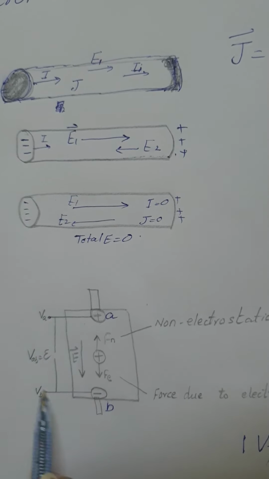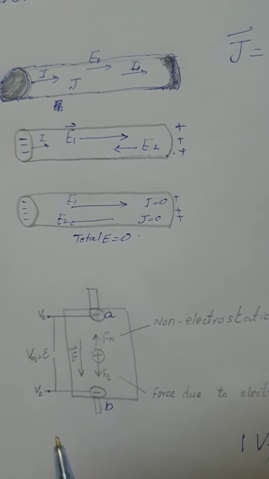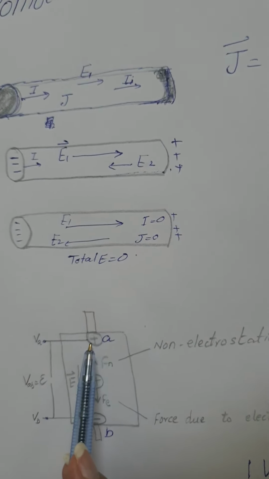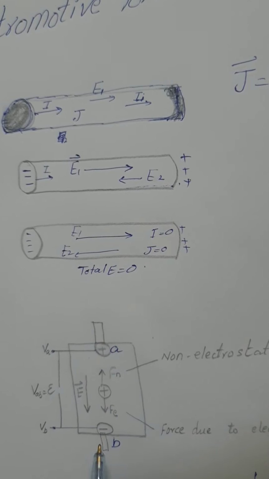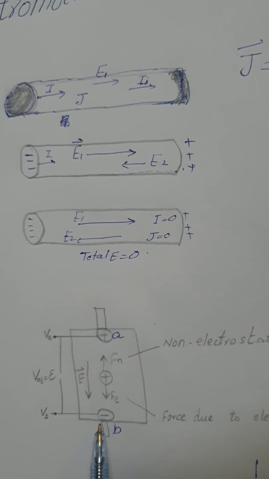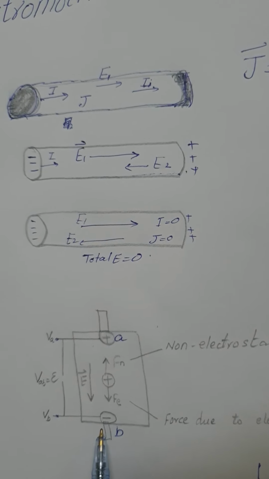This is the source of EMF. Terminal A is marked positive because it is at higher potential, and terminal B is marked negative because it is at lower potential.